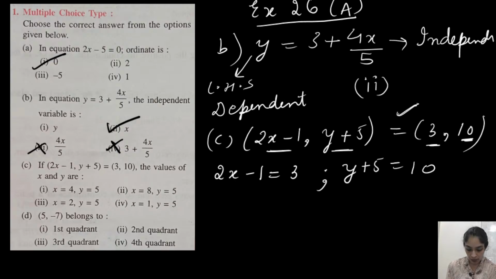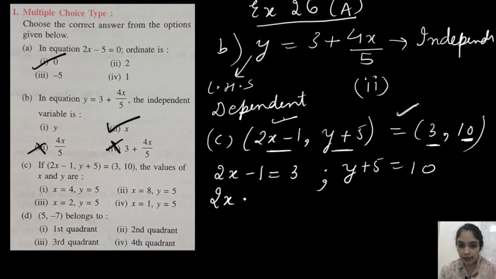Let us find it. You can simplify the values of x and y along with me, and let's see who will tell the answer first. Because both the ordered pairs are equal, the first component of the left side is equal to the first component of the right side. So 2x minus 1 is equal to 3.